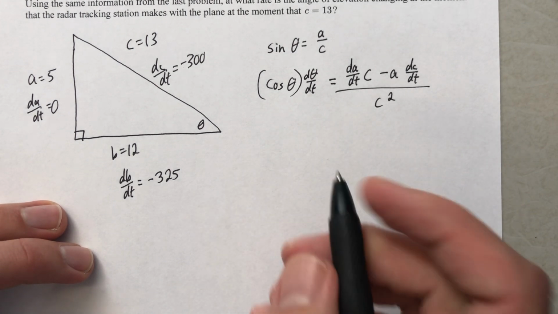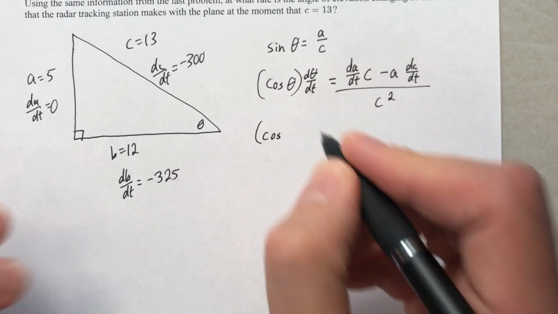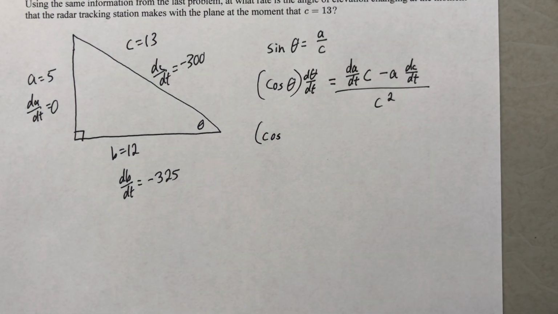Let's start plugging things in. We need to know the cosine of theta. Wait a minute, we don't know what theta is. Well, sometimes you have to stop your calculus and do your algebra, so let's do that.